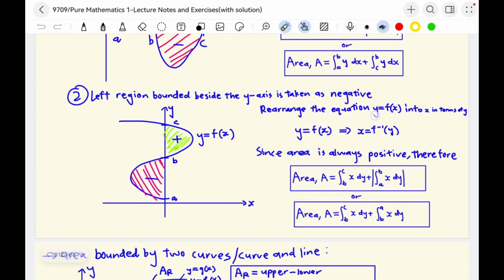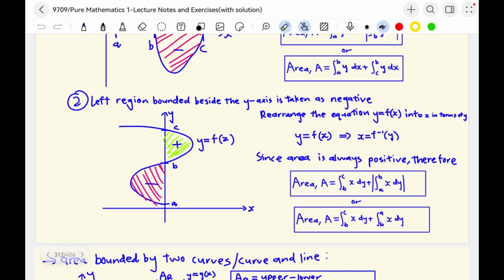Okay, another scenario is, what if the curve is bounded about the y-axis with the given y-intercepts? Of course, you must rearrange the equation y equals f(x) into x equals f inverse of y, or x in terms of y, in other words.